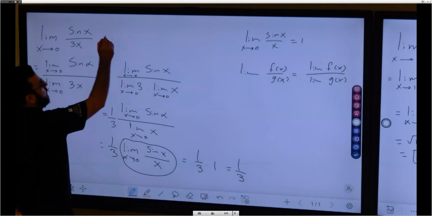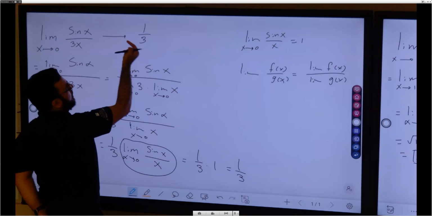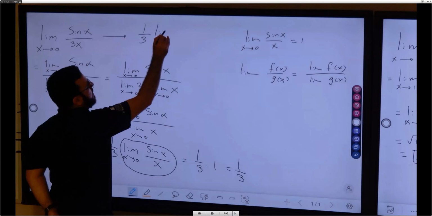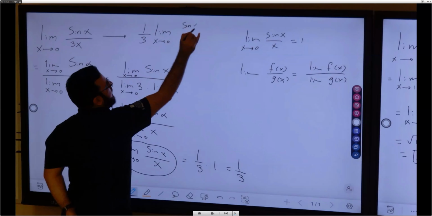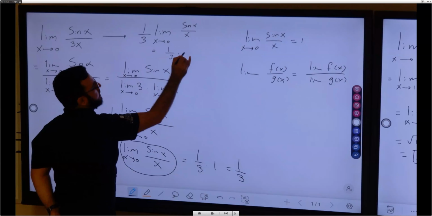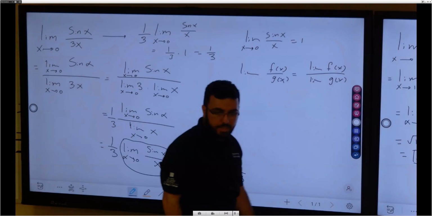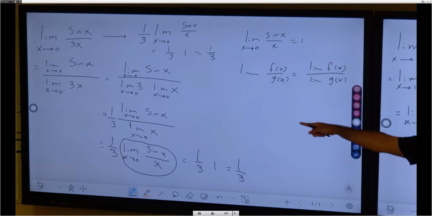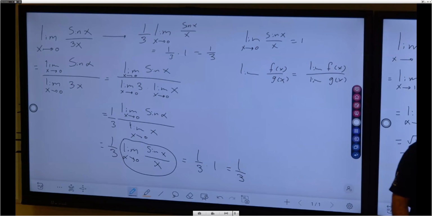If I take the 1/3 out and keep the limit as x approaches 0 of sine x over x, that is going to be what? 1/3 times 1 is 1/3. You got it? Got it. But I'm using the same rules. Here are the steps, but that's how we're going to solve it, okay? You got it? Got it.